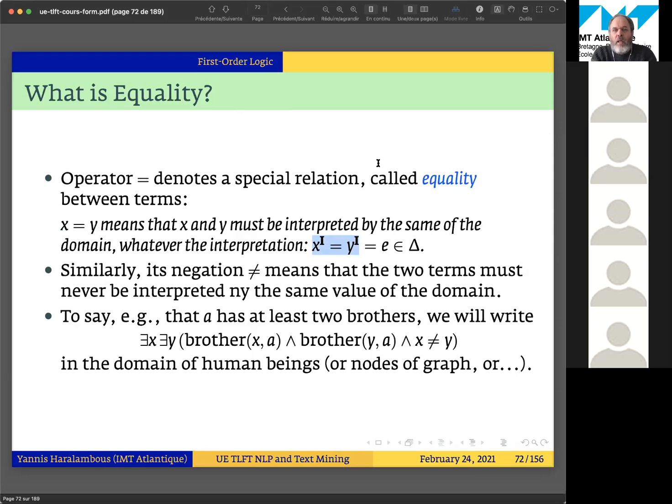When I say A equals B and A and B are constants, you know that to make an interpretation, I need to choose values for A and B. When I say A equals B, I have to choose the same value of the domain for A and B, and this for all interpretations.